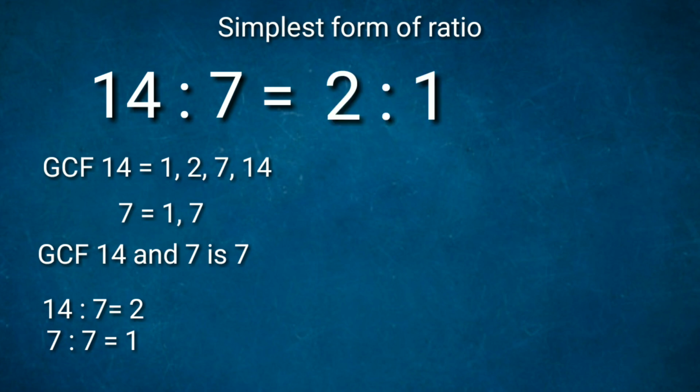It means the simplest form of the ratio 14 to 7 is 2 to 1. 14 to 7 and 2 to 1 are equivalent ratios.